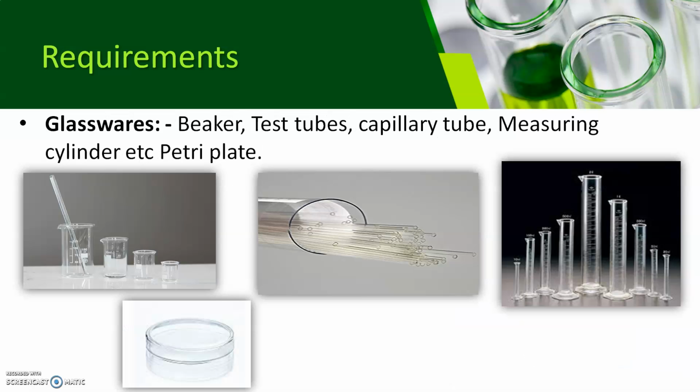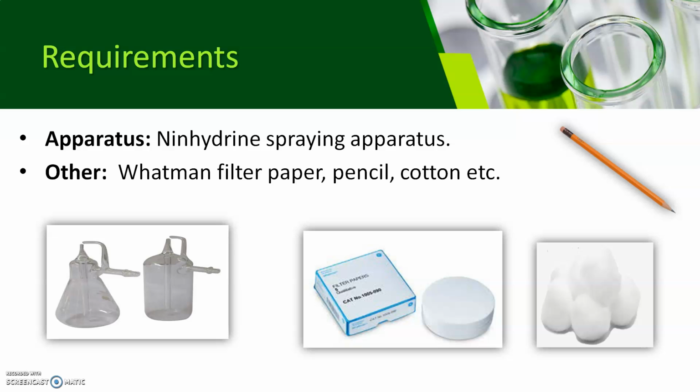Apparatus: glass vase, test tube, capillary tube, measuring cylinder, and a ninhydrin spray apparatus. Then the Whatman filter paper in circular form, a pencil, and cotton we use.